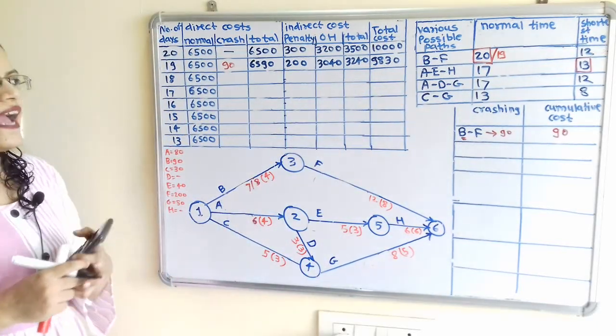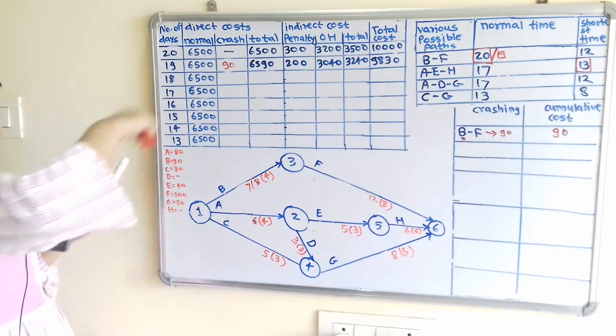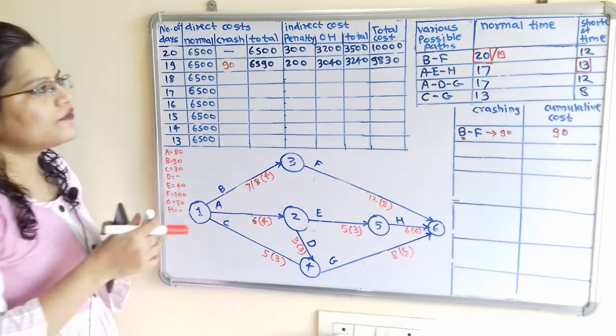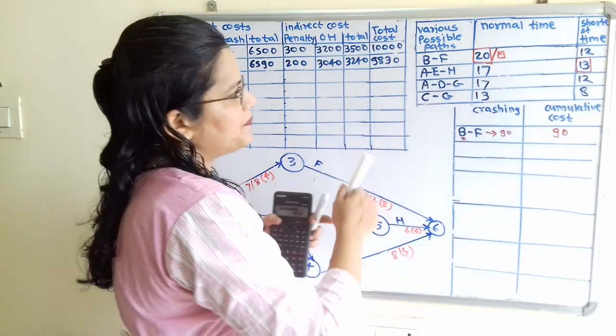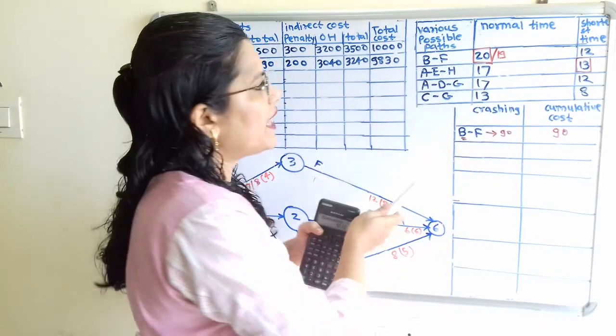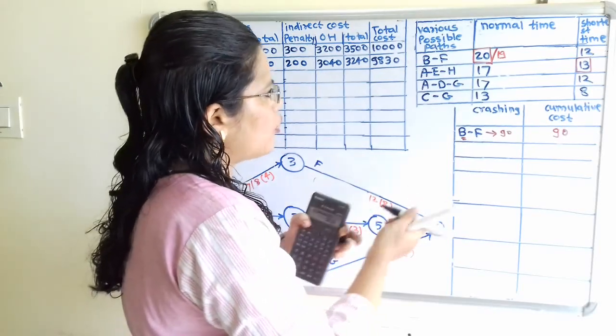Now we will move to the next step. Again we have to reduce the days, that is we have to complete the project in 18 days. So again we have to select the path. So here normal times are 19, 17, 17, 13. So we have to select this path BF because it has the maximum normal time.